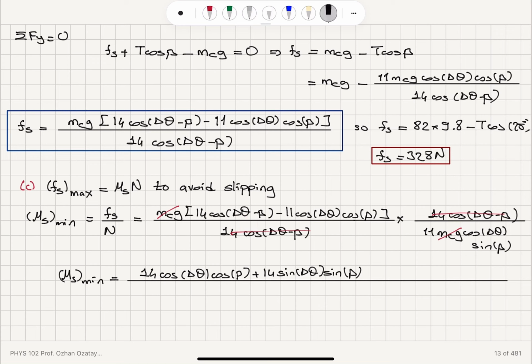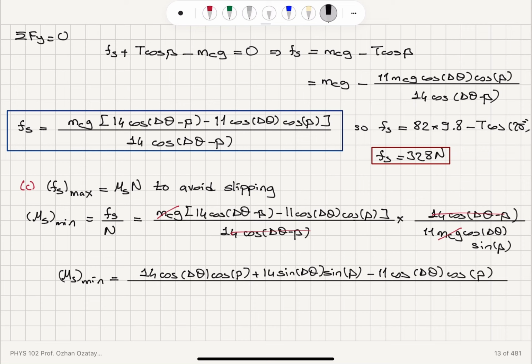And then I have minus 11 cosine delta theta cosine beta divided by 11 cosine delta theta sine beta. All right, so I can see that I have a 14 cosine delta theta cosine beta and 11.